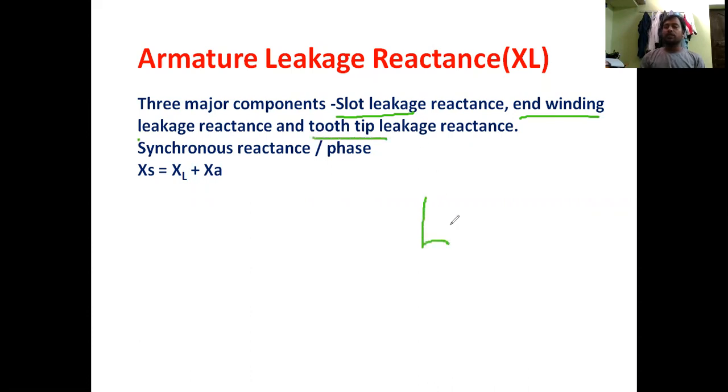If you take this one, this is the armature slots, and here the tooth tips. These are called tooth tips, and this is tooth tip leakage reactance. So we cannot say that leakage reactance belongs to a particular location or place. There are different types of leakage flux that take place. And we already discussed synchronous reactance.